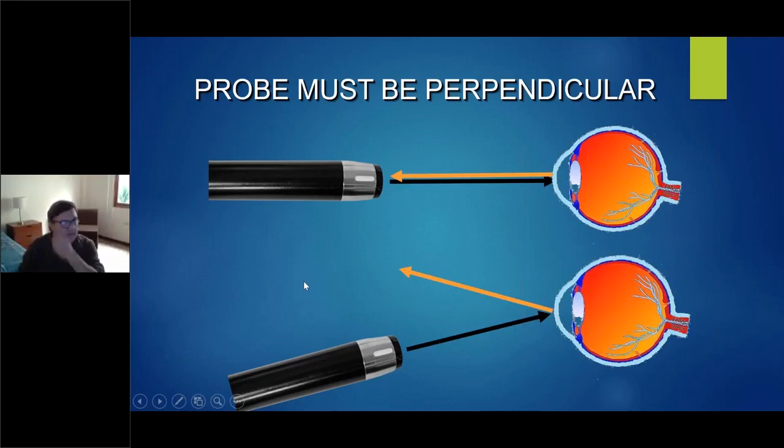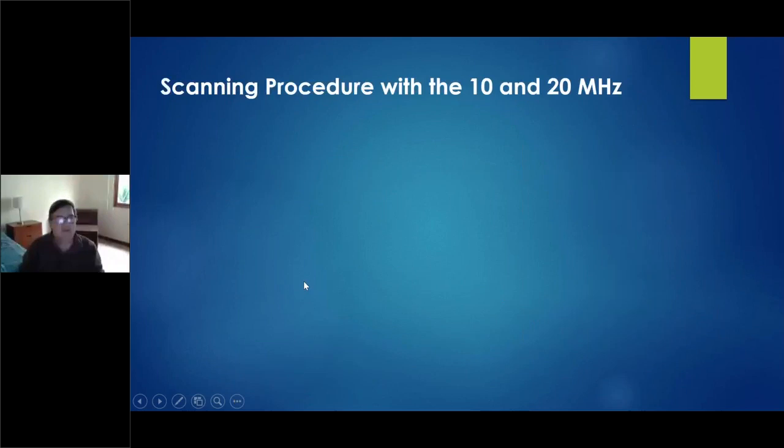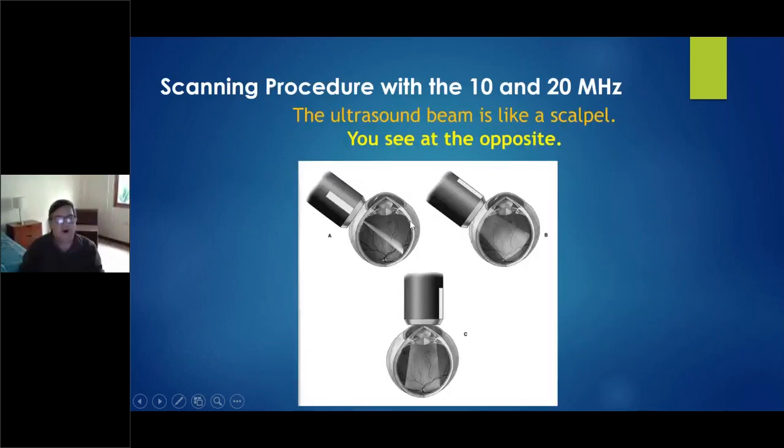As I told you, we always see the opposite part of the eye. If the probe is in the nasal part, we see the temporal. The only part you see well is the one in the axis position.